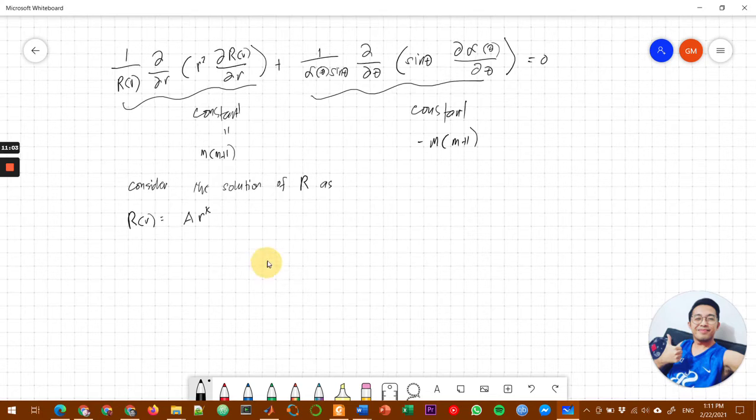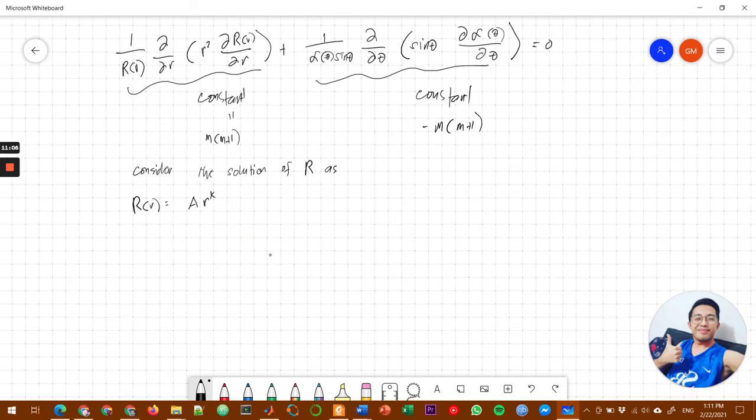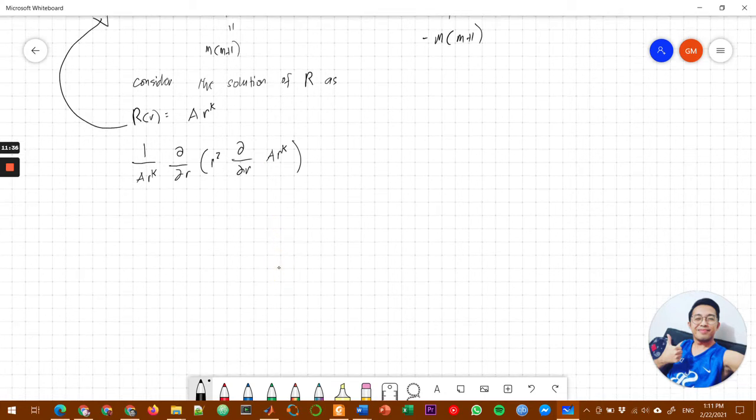There's one way to check that if we substitute this one here. So it becomes 1 over A r to the k, partial r. This is A r to the k. And then what happens next is 1 over A r to the k times r squared.